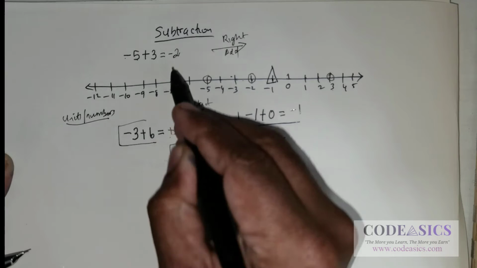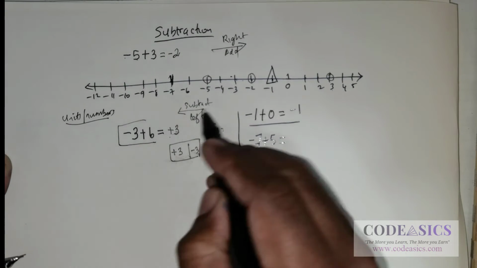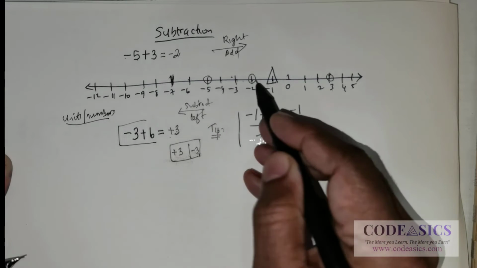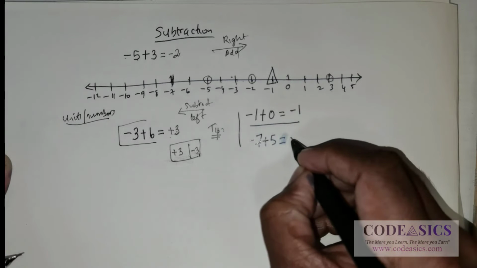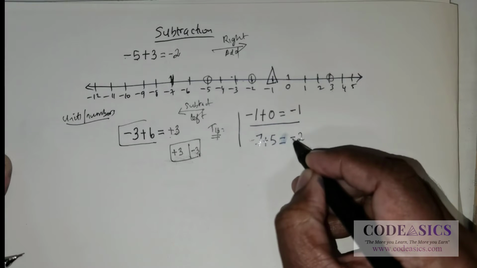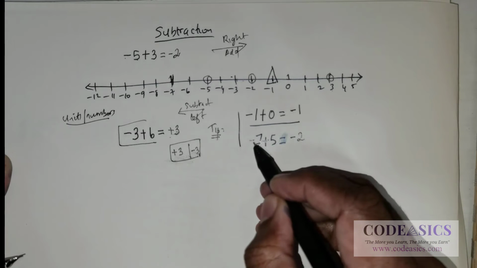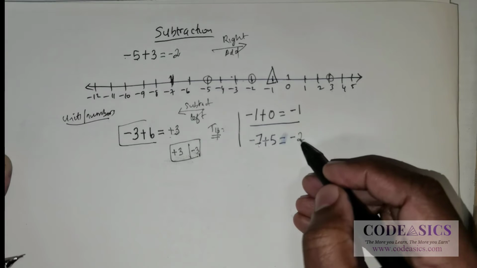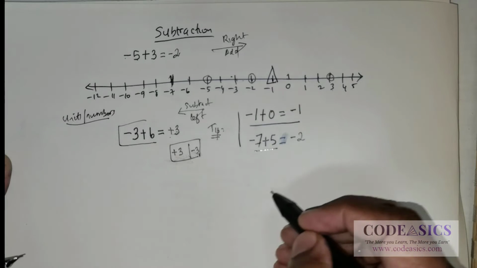So we are over here at -7, we are counting 5 units on the right: 1, 2, 3, 4, 5. So where did we land? Oh, we landed at -2. So why do I place a negative sign? Because the sign of number 7 is negative, so the outcome will always carry the sign of the greater number. So that's why I've got -2 there.